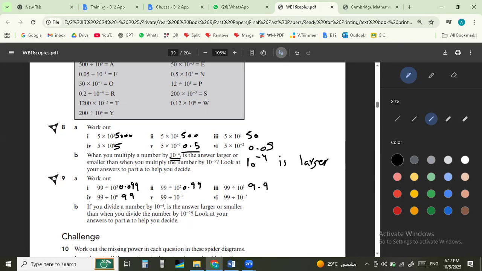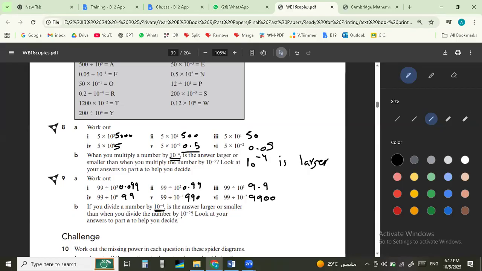Here, as if you're multiplying by 10 to the power of 1, it means multiplying by 10, which is 990. Here, as if you're multiplying by 10 to the power of 2, so it's going to be 9900.